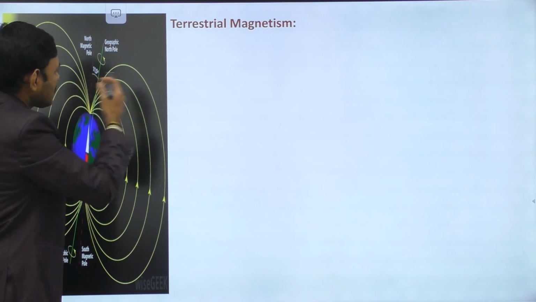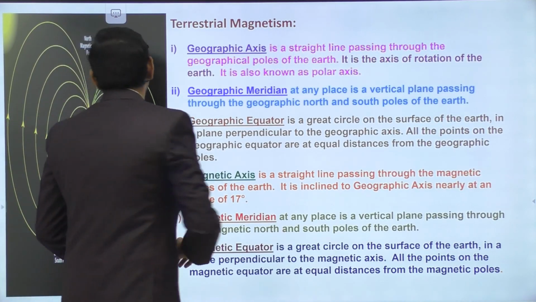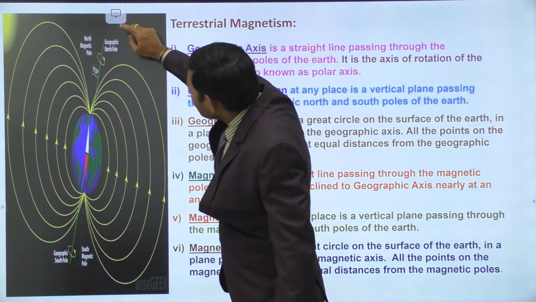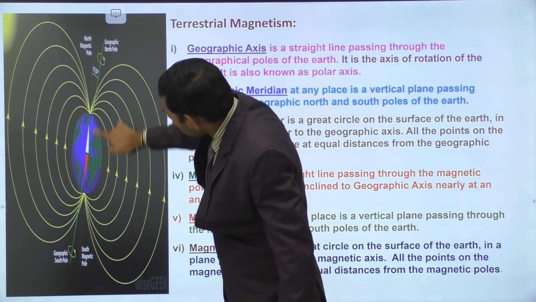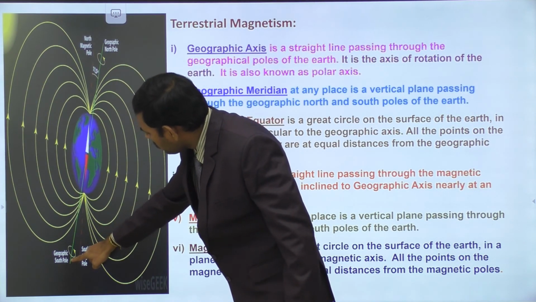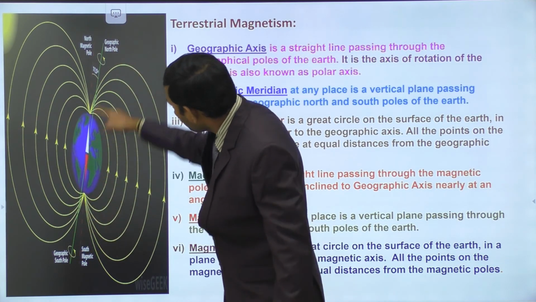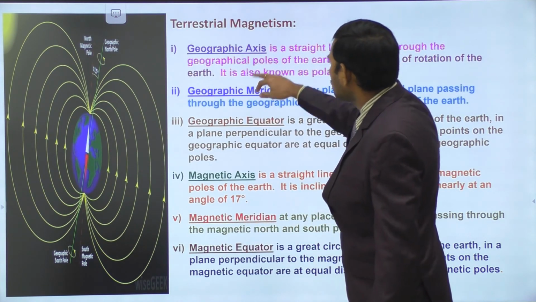Now let us consider some definitions from them. First one is the geographic axis. Here in this image also you are observing this. This is the geographic north pole and this is the geographic south pole. Geographically, the north and south poles are located at these 2 points. The axis passing through the geographic poles of the Earth is the geographic axis.